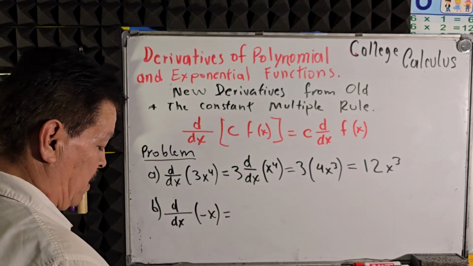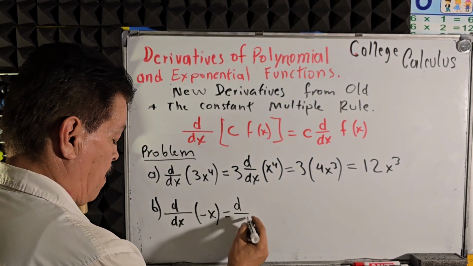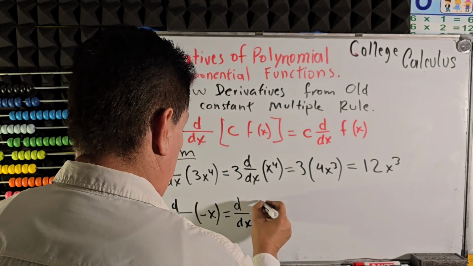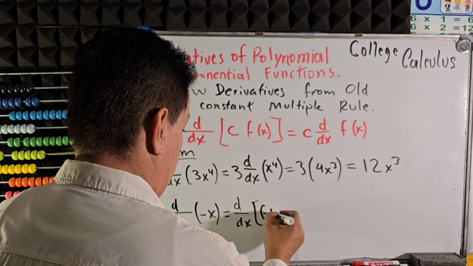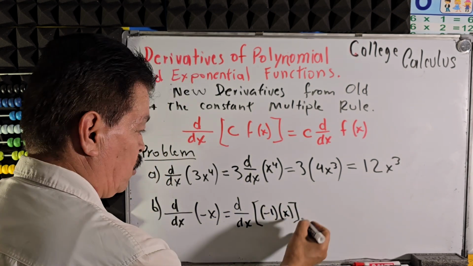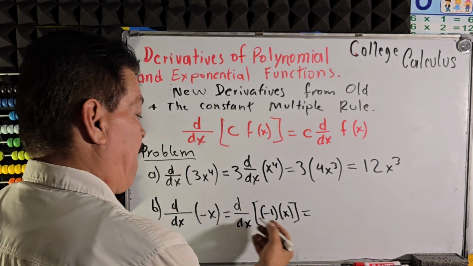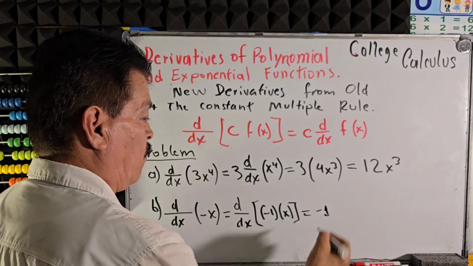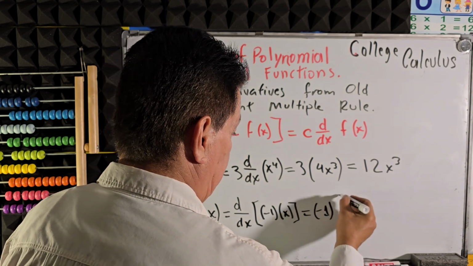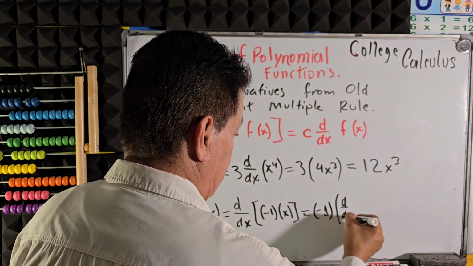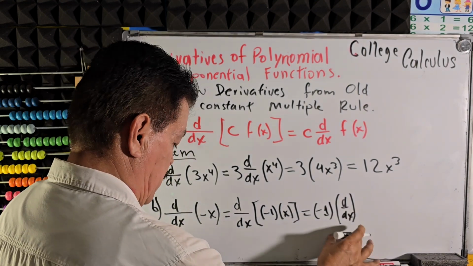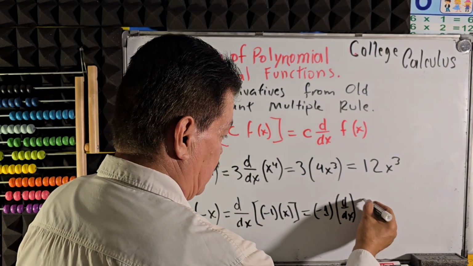Applying that rule, we will have d divided by dx of negative 1 times x, and then equals negative 1, of course, times d divided by dx, the differential of x.